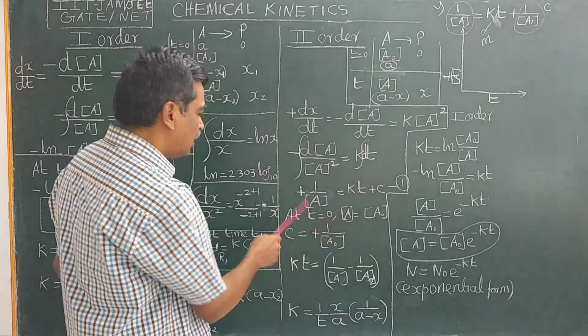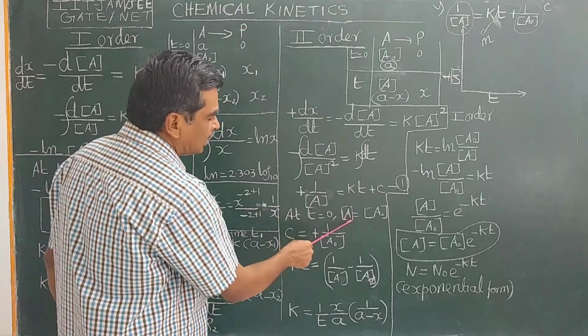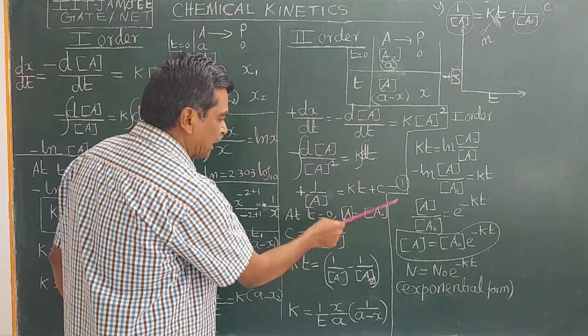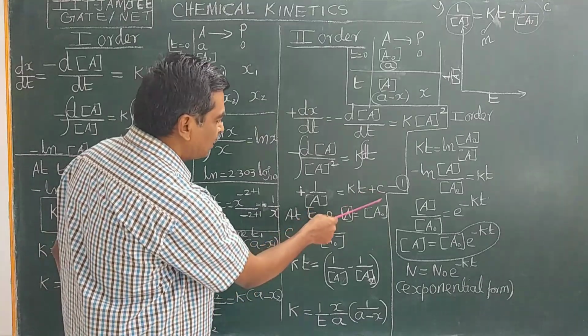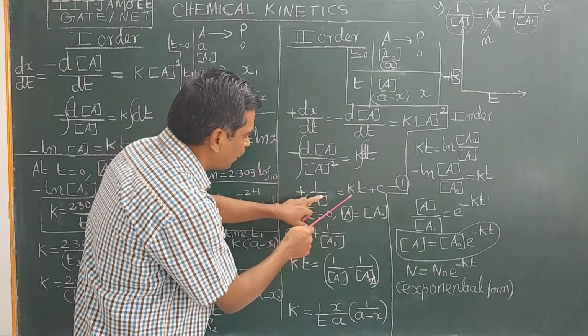Okay, so let us apply the condition now. At time t equal to 0, the concentration of A becomes A naught. When you apply this, 1 by A naught equals K into 0 plus C, therefore C equals 1 by A naught.